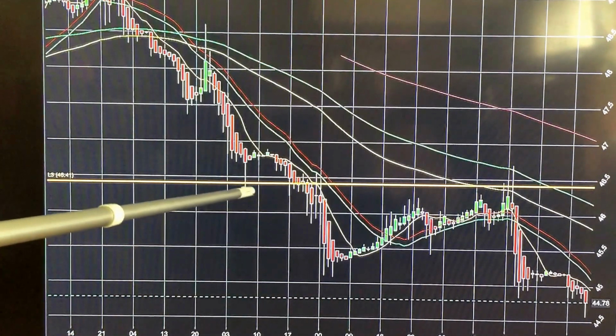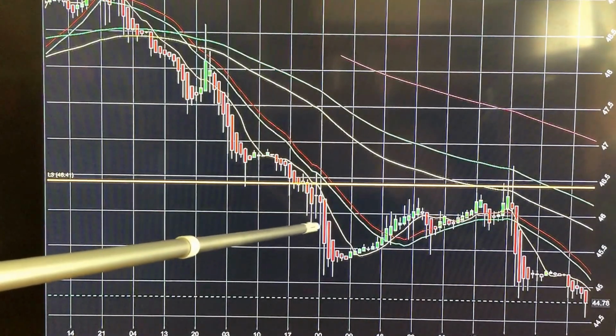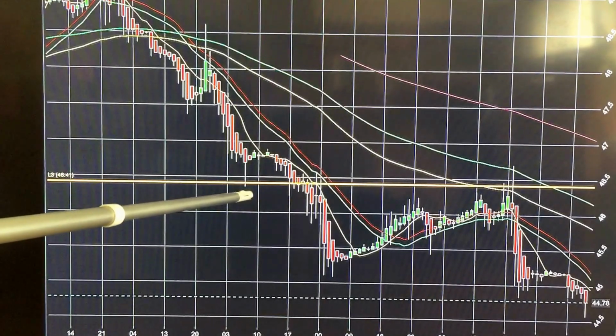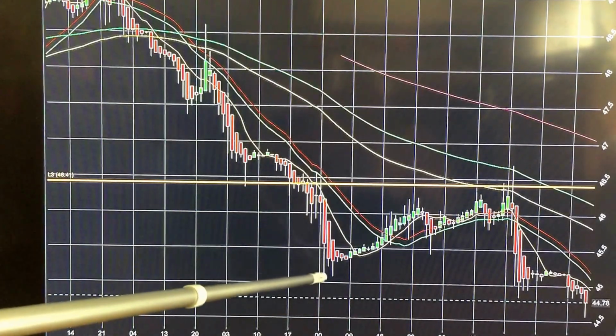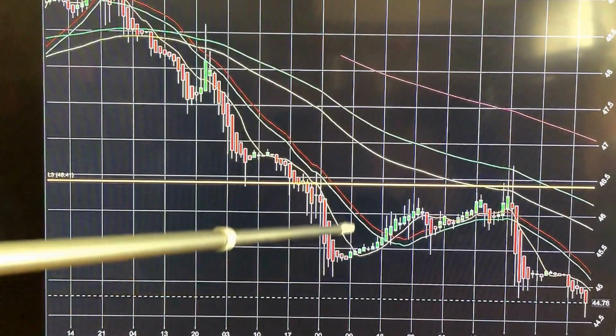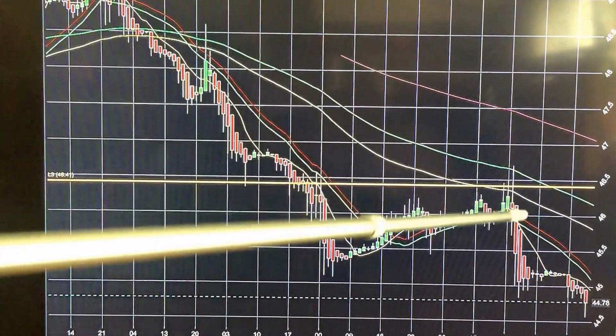The last place where it makes some significant situation before it gets here, that is where you put your line and take your profit.